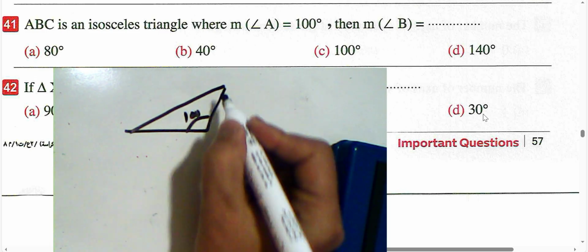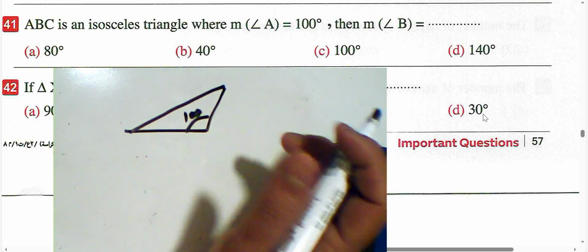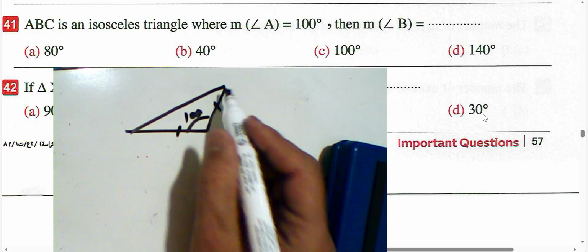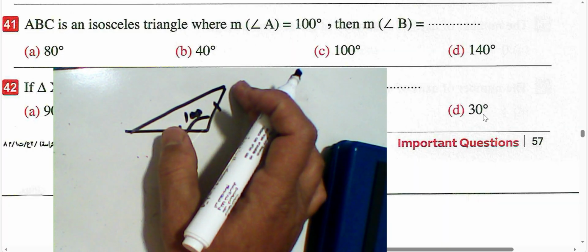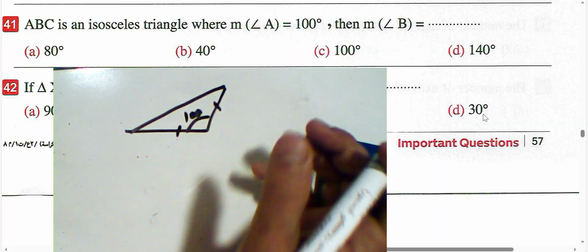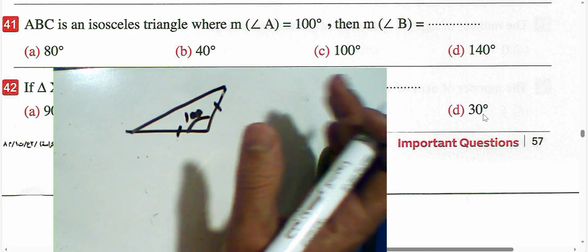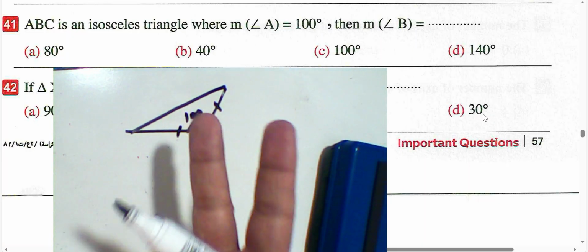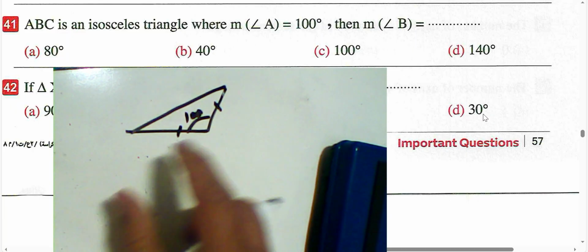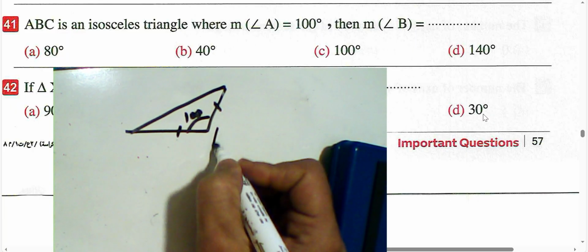Because in an isosceles triangle, the measure of the vertex may be right, obtuse, or acute, but the base angles can never be obtuse, we can't draw a triangle with two obtuse angles in the base. So the vertex will be 100, and the vertex here is A.